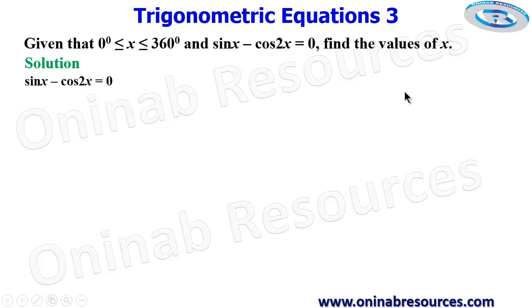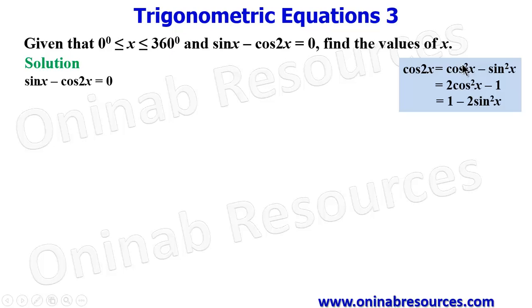For cos 2x, we have it as cos squared x minus sine squared x. We also have it as 2 cos squared x minus 1. And the last one is 1 minus 2 sine squared x. We look at this to substitute so that we'll just be left with sine x.